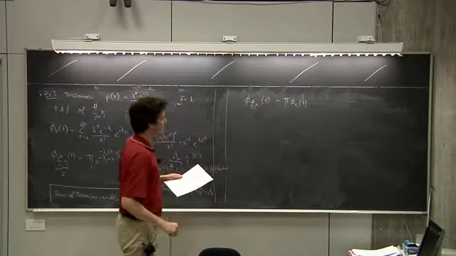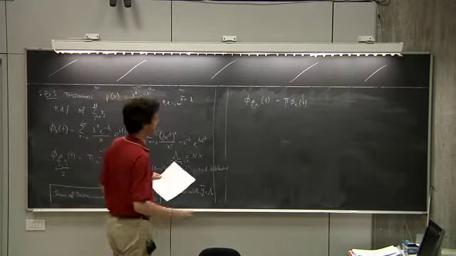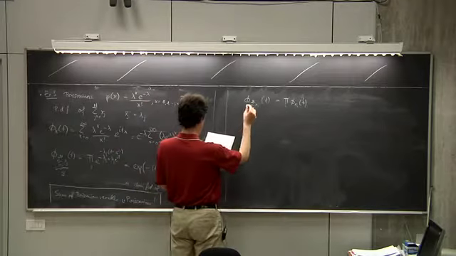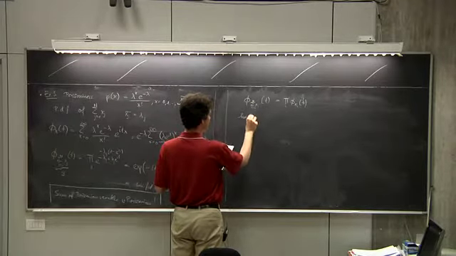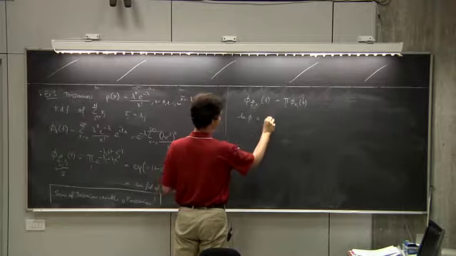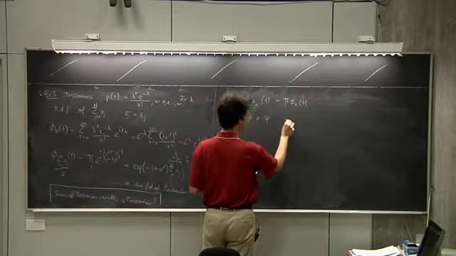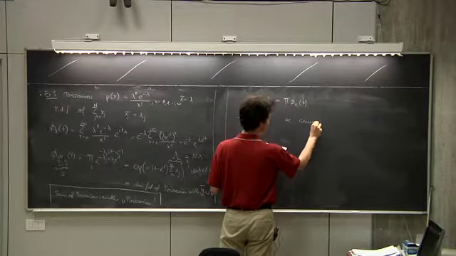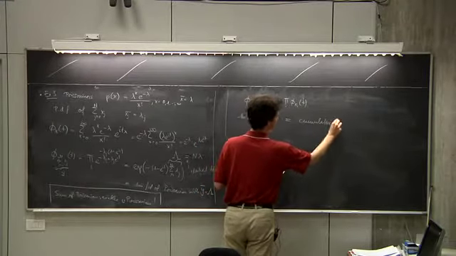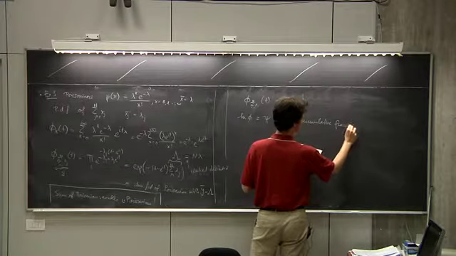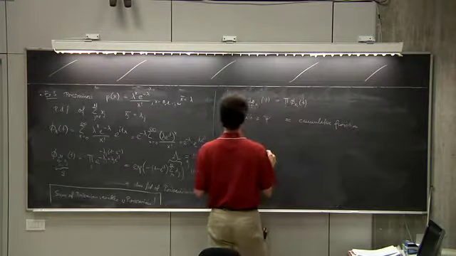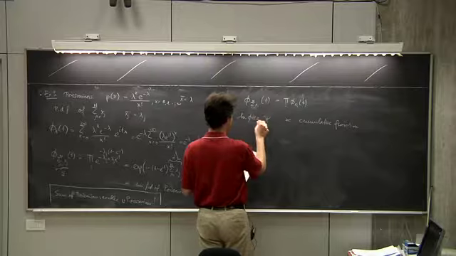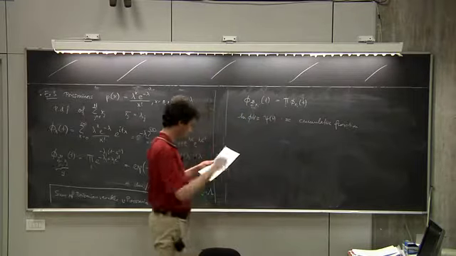Now let's take logarithms. If I take the logarithm of phi and I call this psi, this has a name, and this is called the cumulative function. These are both functions of t.